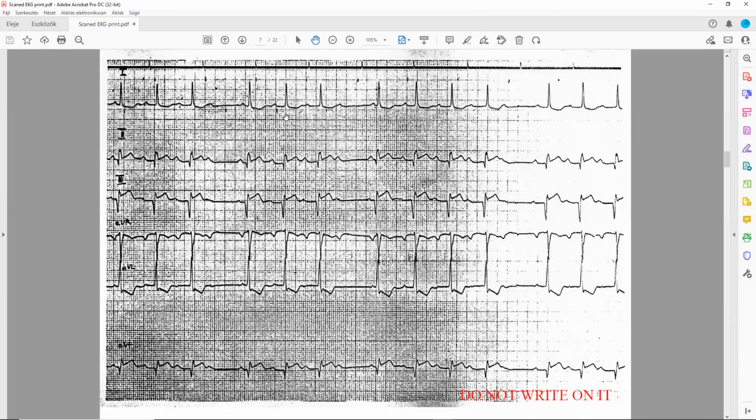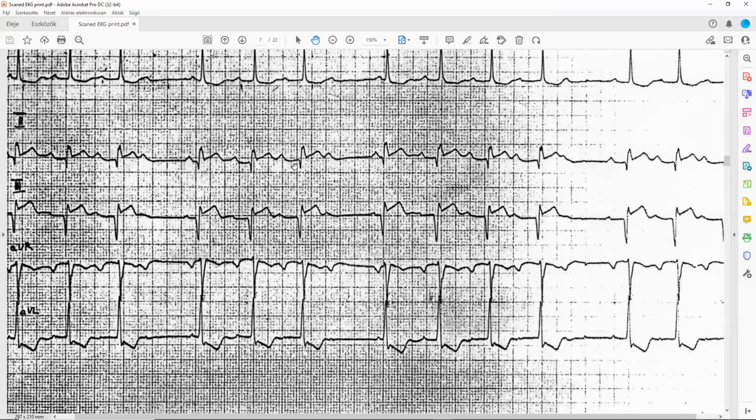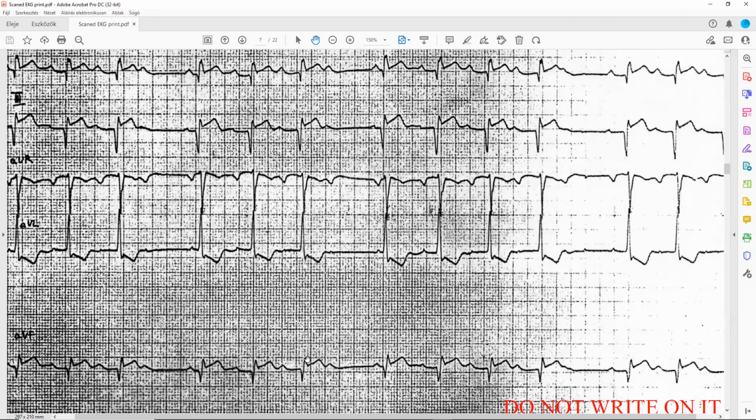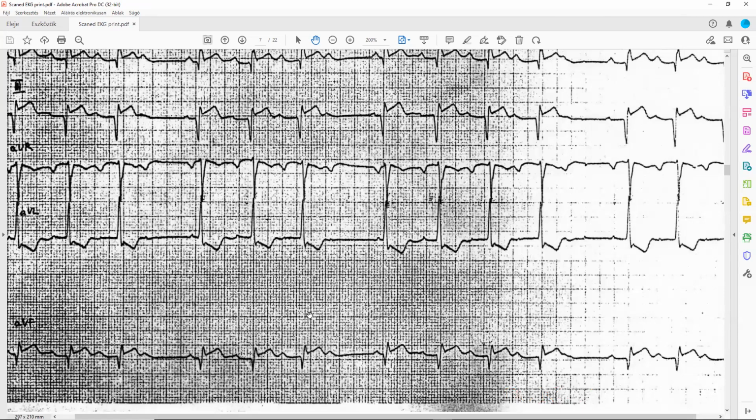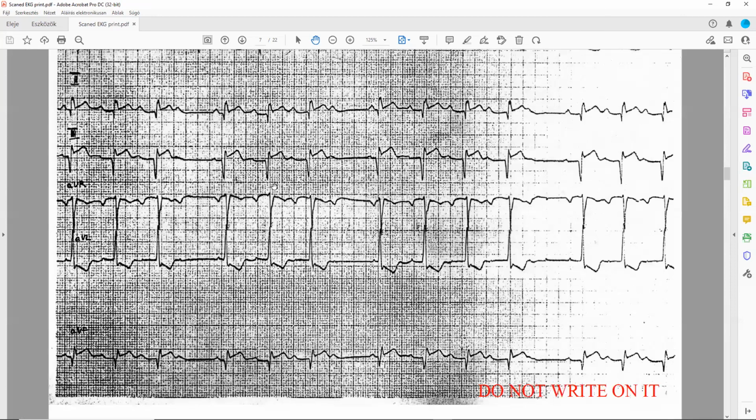Yes. What about here? This is about 50% of the R. Yes, that's a deep one. Here, can you see this one? Very deep. In 2, 3, and aVF. Why do we have an equiphasic QRS complex in aVF? Because the Q is the same size as the R. Yes, we do have pathological Q waves in 2, 3, and aVF. Are those a sign of myocardial infarction? Yes.